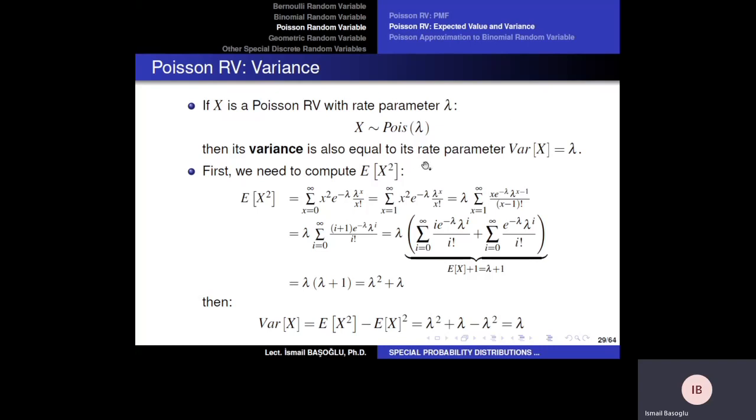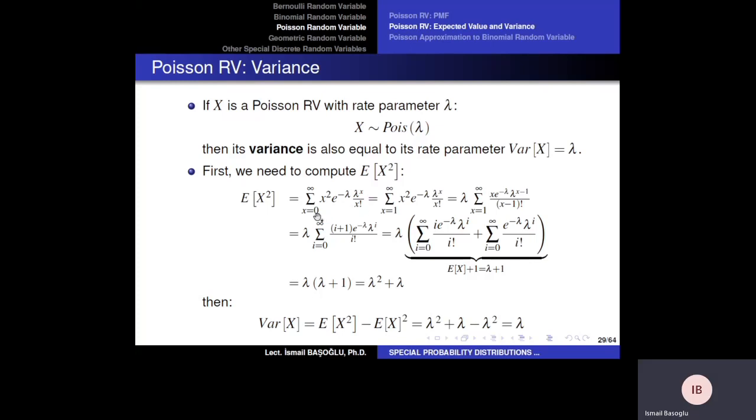Therefore, the Poisson random variable's expectation and variance should be equal to each other. However, we can also calculate the variance of a Poisson random variable by the convenient formula of the variance, by subtracting the square of the expectation from the expected value of X squared. So we need to compute the expected value of X squared. So let's do it. For all potential values for the random variable to take from 0 to infinity, x squared must be multiplied by e to the power minus lambda times lambda to the power of x over x factorial.